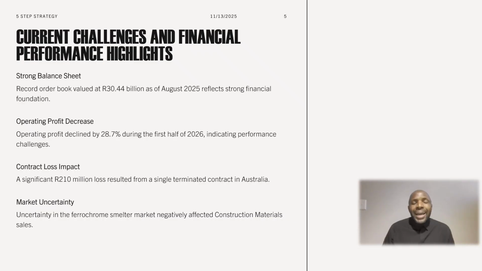This is obviously outside their control, as the ferrochrome smelter market negatively affected construction material sales. Some of you might know of the ArcelorMittal South Africa challenges, and it has reduced its smelting capacity, so it's affecting suppliers like Raubex.